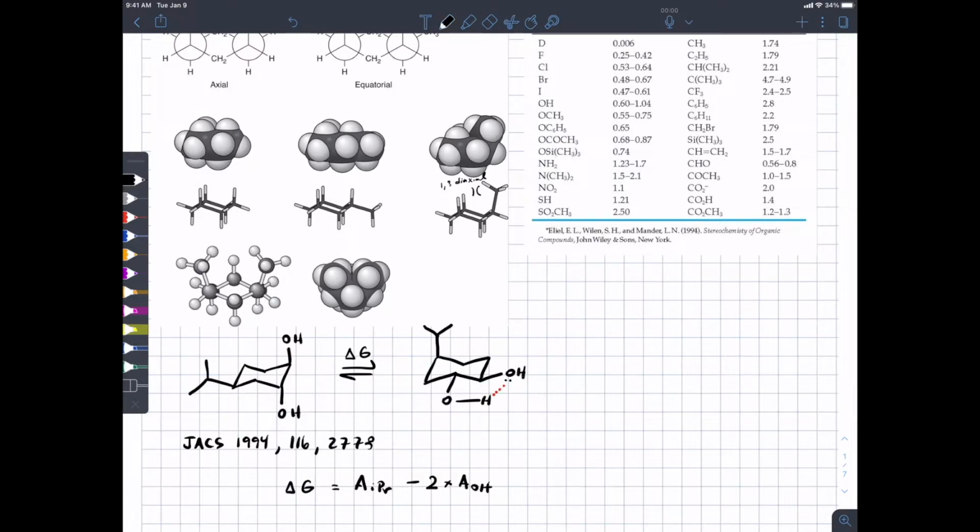And he reasoned that whatever was left might be the energy of a hydrogen bond. So by measuring this free energy or equilibrium constant and then subtracting this term for the change in A values, he could come up with how much the hydrogen bond was worth.